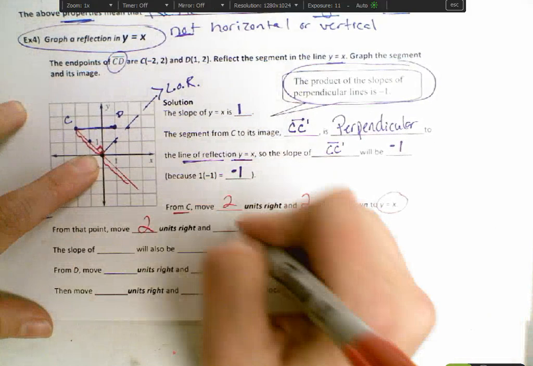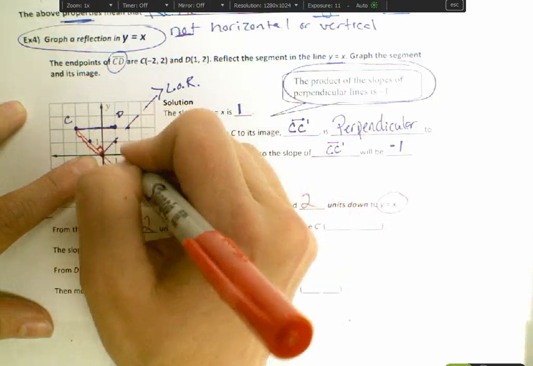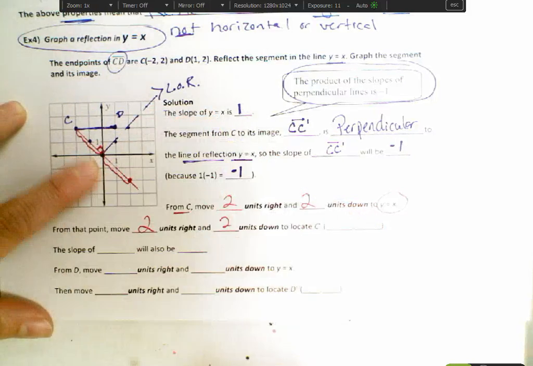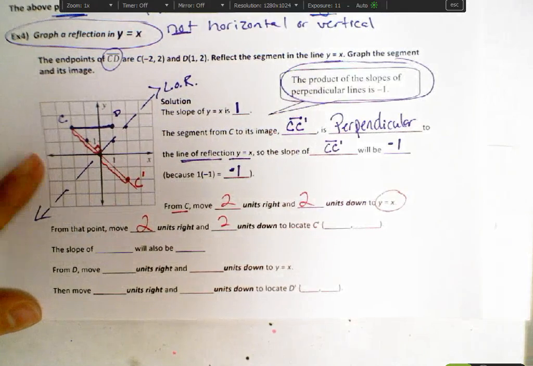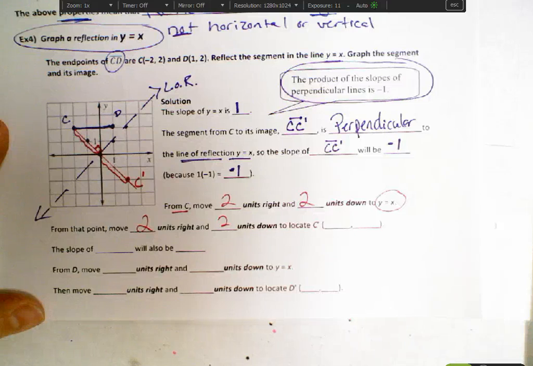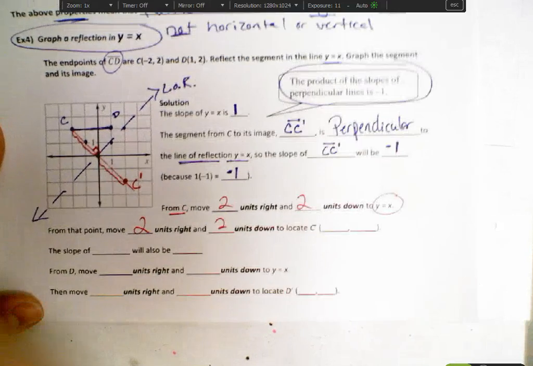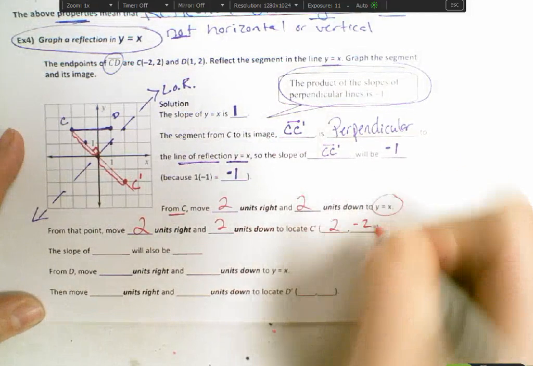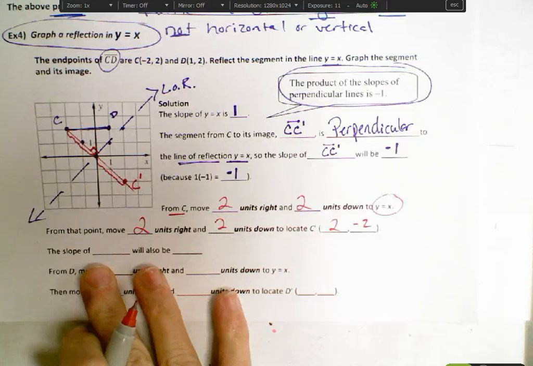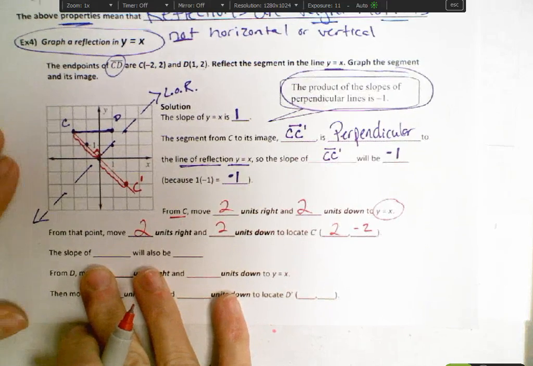I move 2 units right and 2 units down. That's perfect because that's where I had expected to find it on the perpendicular segment between those two points. So that is C prime, which happens to be at 2, -2.